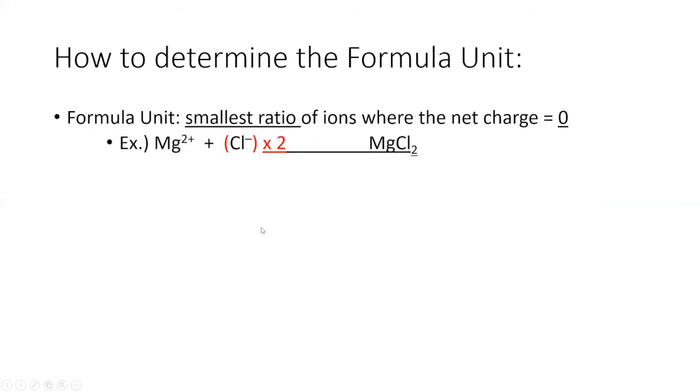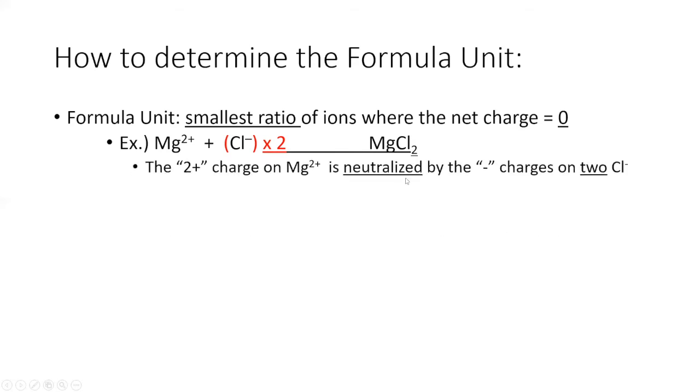So for example, when magnesium +2 ions come together to form a compound with chloride ions, Cl-, it requires 2 of those Cl-. So the formula would be MgCl2. The subscript 2 represents the number of Cl- ions that are present.